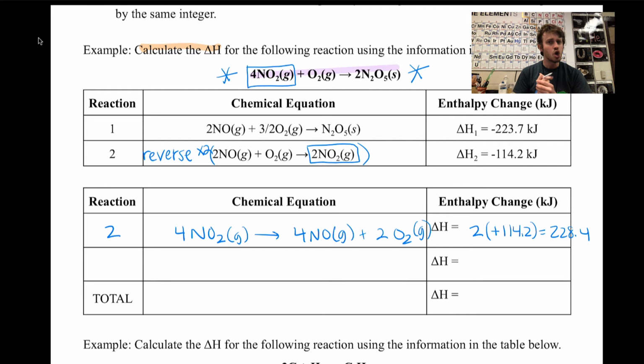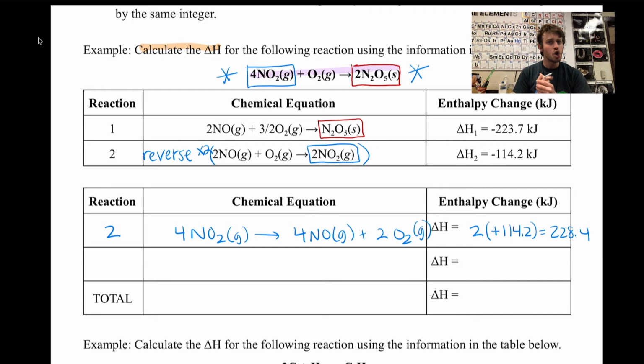That gives me that, but I have to look at everything else as well. So next I look at the N2O5. The only reaction that has N2O5 is the first reaction, and I find that it is on the product side. That's where I need it to be, so I do not need to reverse this reaction.